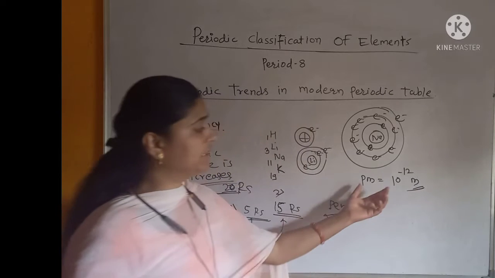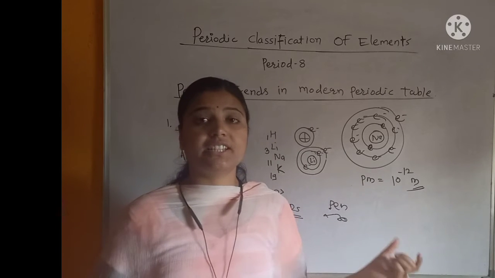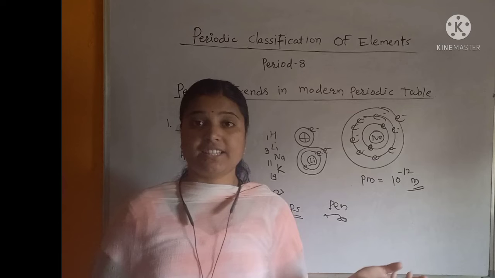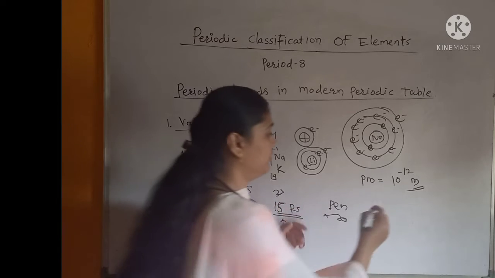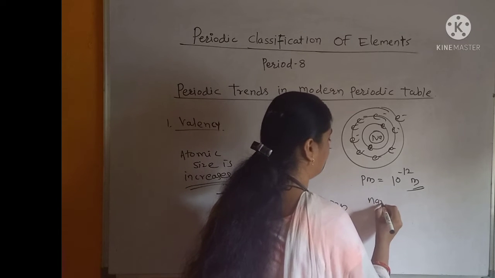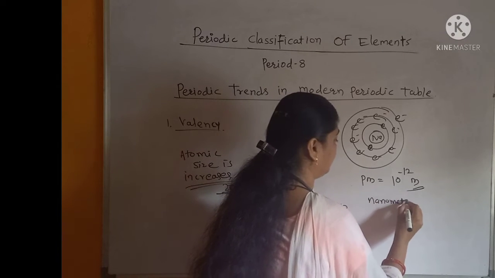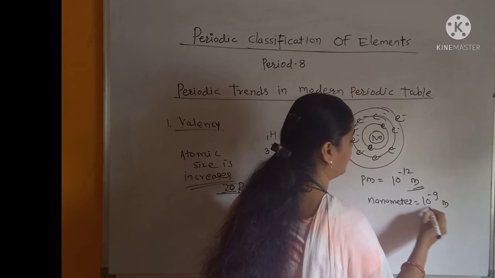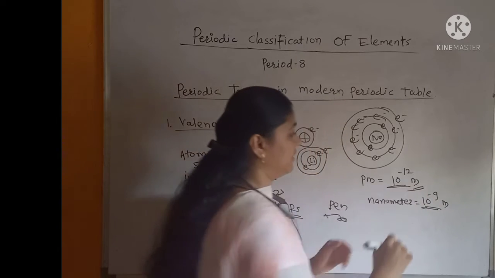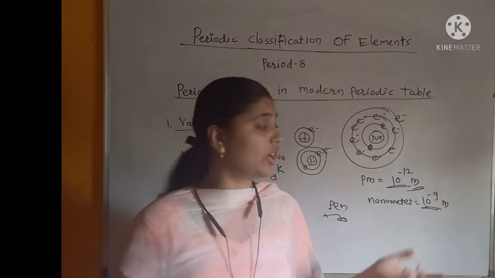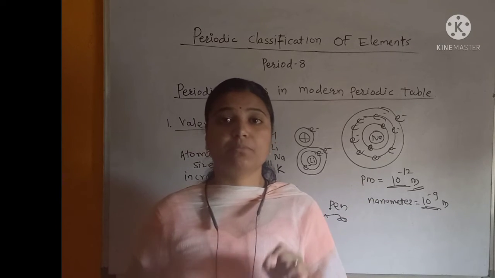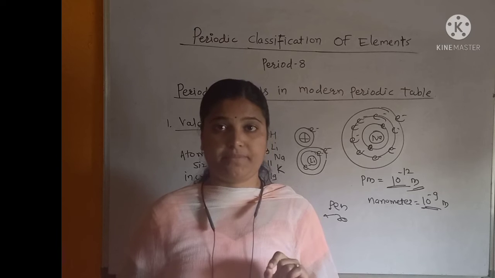This is the relation between the picometer and the meter. A nanometer is 10 raised to minus 9 meter. So minus 12 is very small compared to minus 9. So the picometer is the smallest unit for the size of atoms.